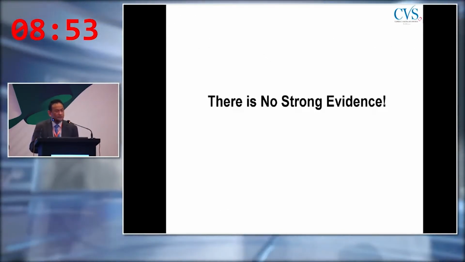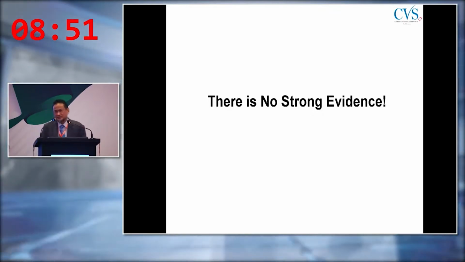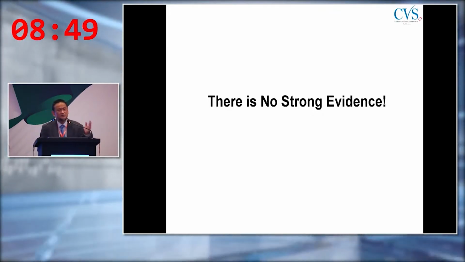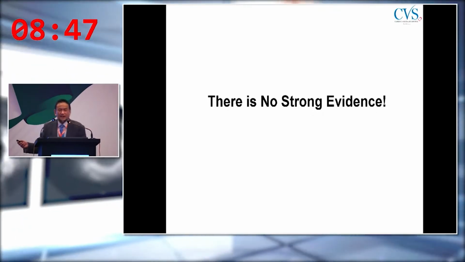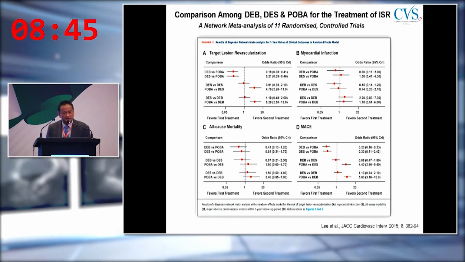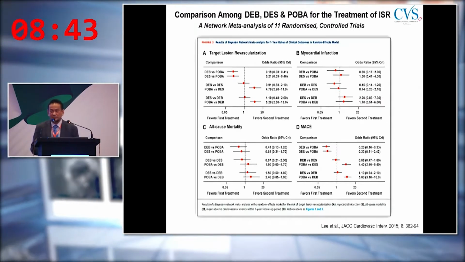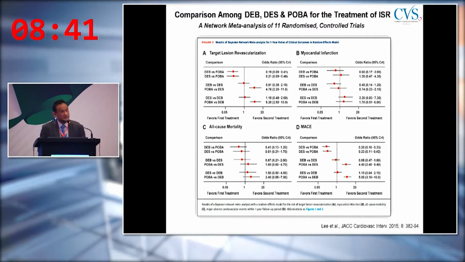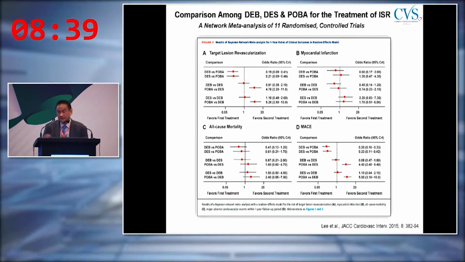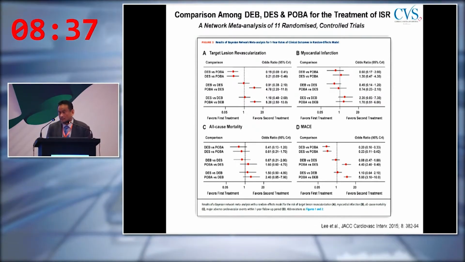Now, one of the common challenges is that people will say there is no strong evidence to use DCB. I believe that the strongest evidence is really with the use of DCB in in-stent restenosis. It is comparable to DES, with less risk of TLR and also MACE.